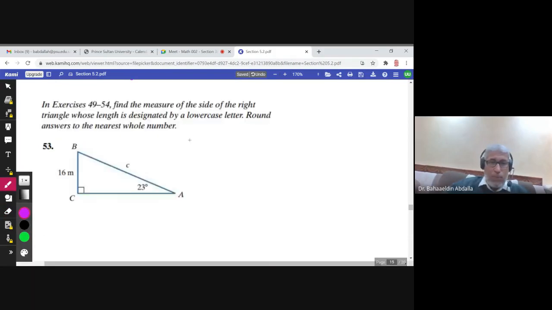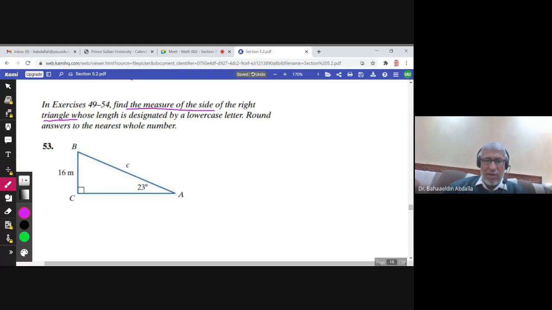Okay, this is the first point, how to calculate trigonometric functions in radians and degrees using a calculator. Now let us go to some other type of questions. The question: find the measure of the side of the right triangle.